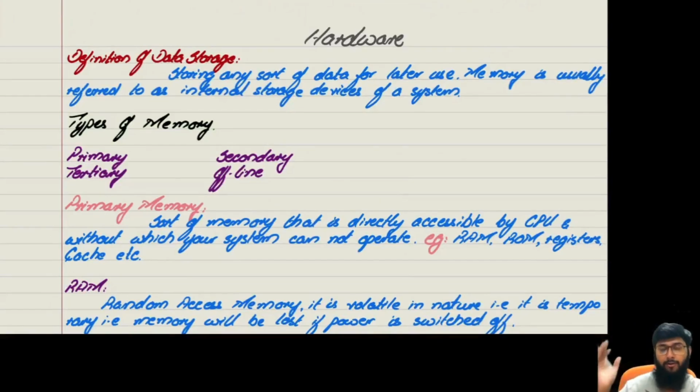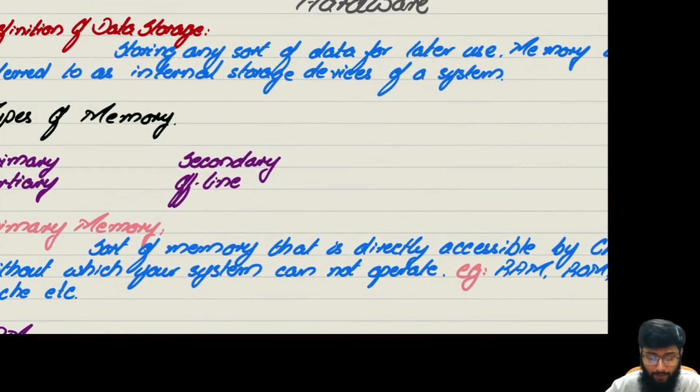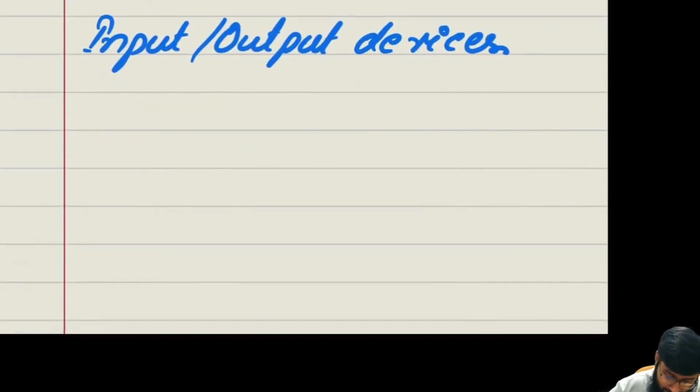First of all, I'm going to define what data storage is. As you can see mentioned here, if you are going to store any sort of data or information, just have a look at data and information. What is data?